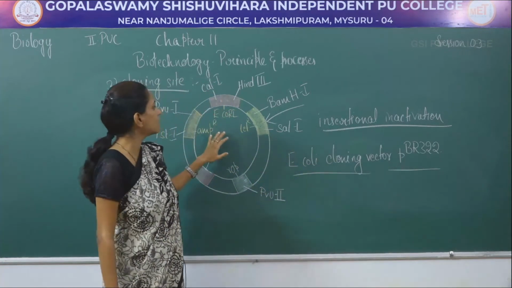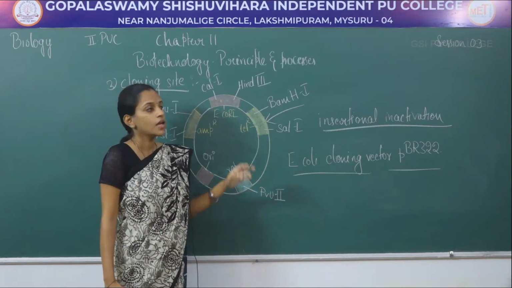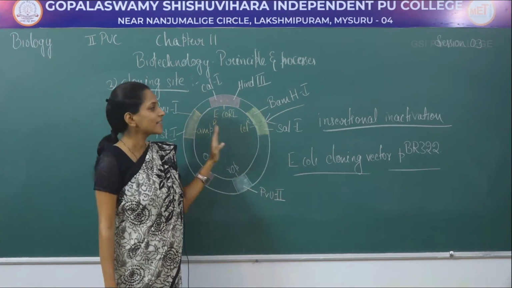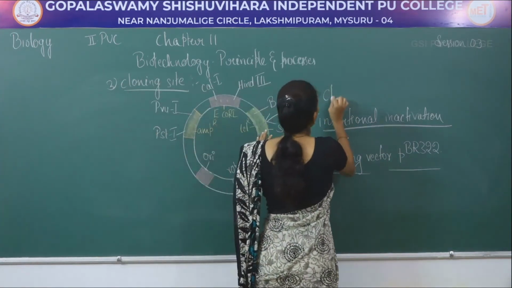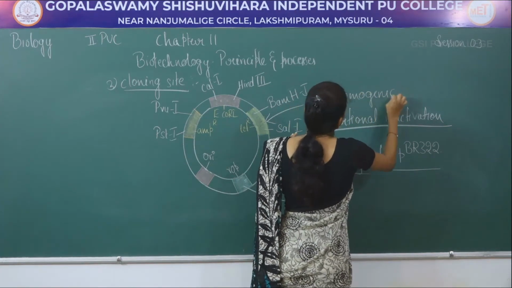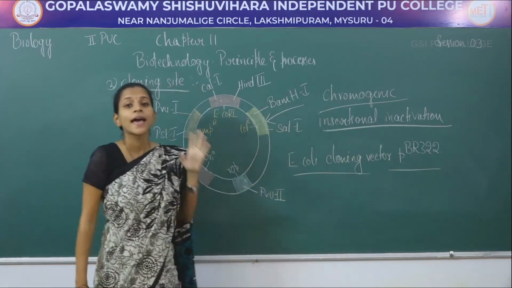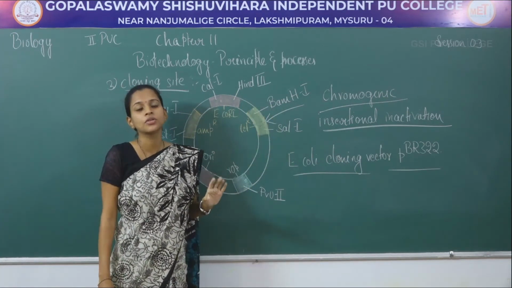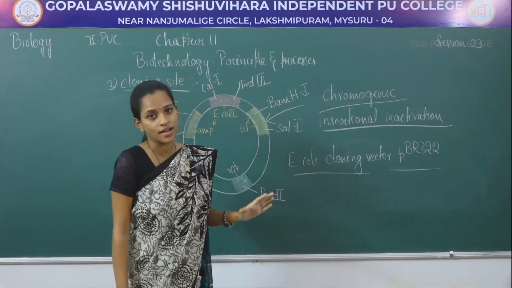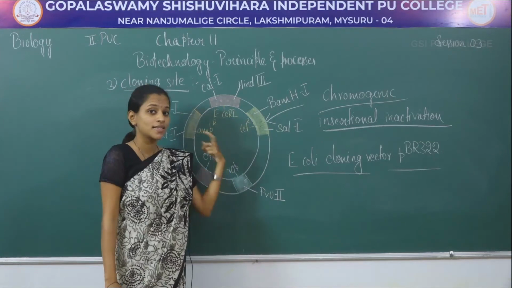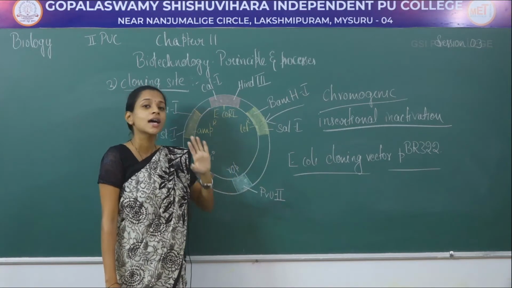Now when it comes to the differentiation, how can you differentiate whether there is insertion or not? That can be done by addition of chromogenic substances. Chromogenic substances help in identifying the region where there has been a transformation or where there is no transformation. So that is the way of identifying whether the insertion has taken place or not.